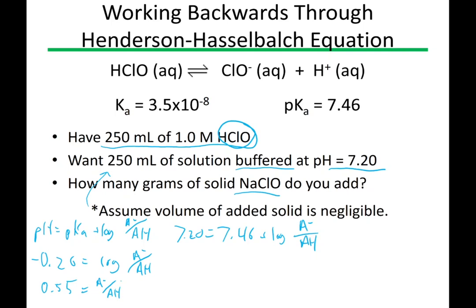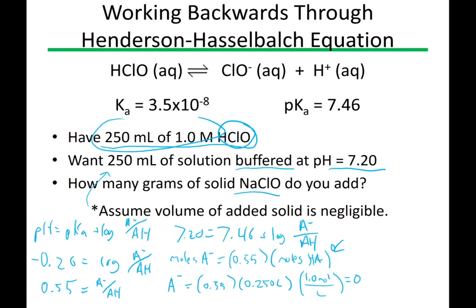And remember, we can do this as moles since the volumes would cancel out. So we get the moles of A minus is equal to 0.55 times the moles of our acid. And to find this value, we can use our volume and concentration.